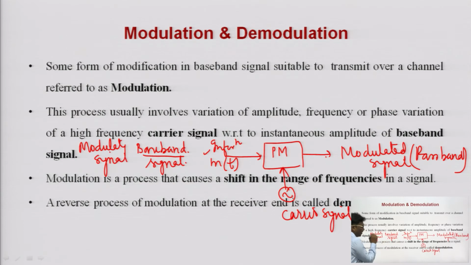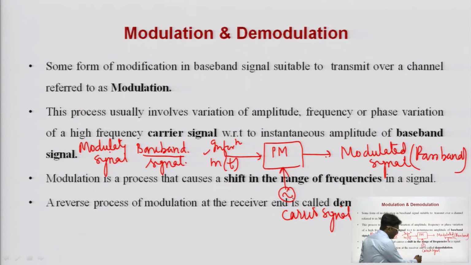So, a signal before modulation is known as the modulating signal. A signal after modulation is known as the modulated signal or passband signal. So, modulating signal, baseband signal and information signal are the same thing, while modulated signal and passband signal are the same thing.